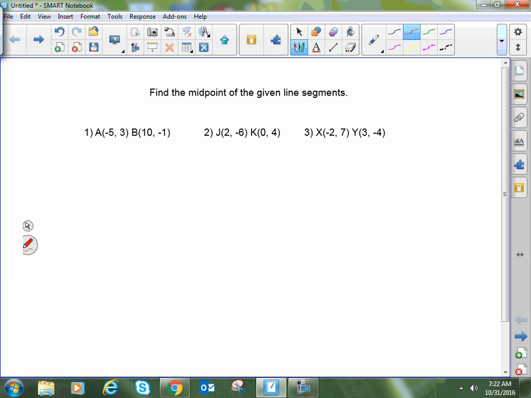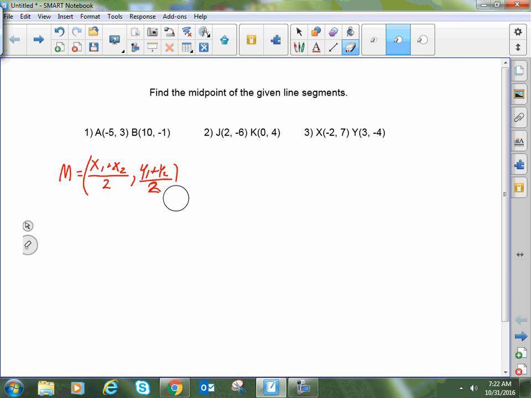Now, I consider it a fundamental math skill: anytime that you use a formula, you write it down. So the midpoint formula says x1 plus x2 divided by 2 and y1 plus y2 divided by 2.